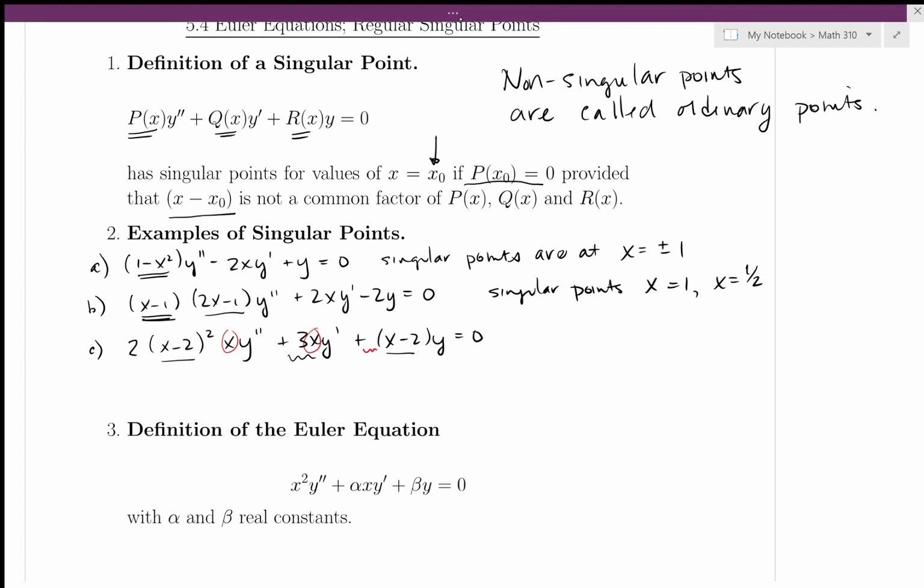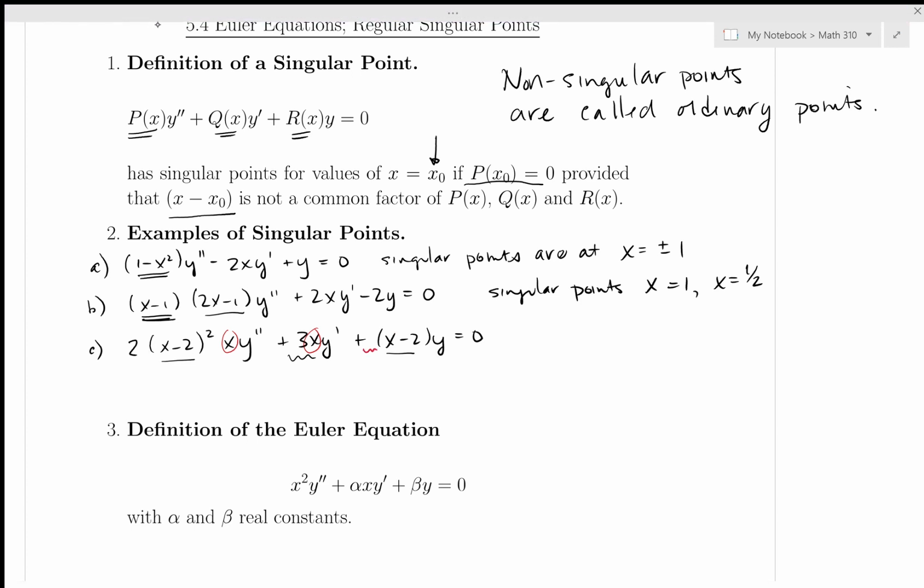So we can't divide out these problems. So in this case, the singular points are still at the 2 zeros of this function right here. X equals 2 and x equals 0.